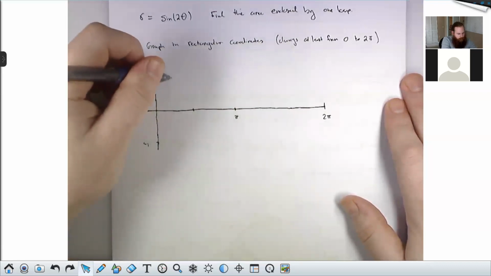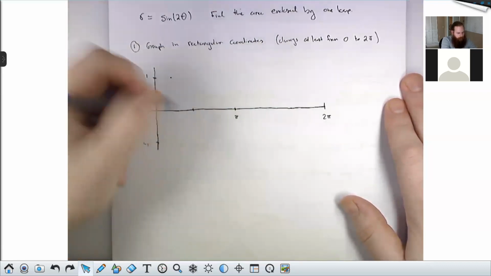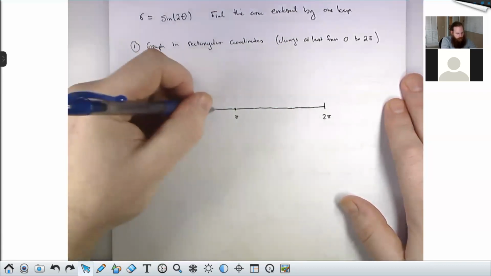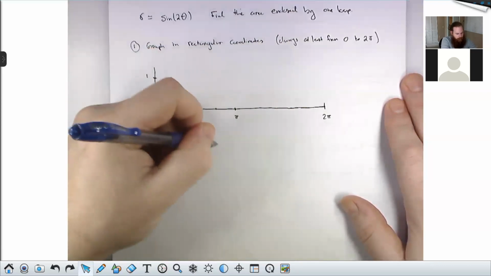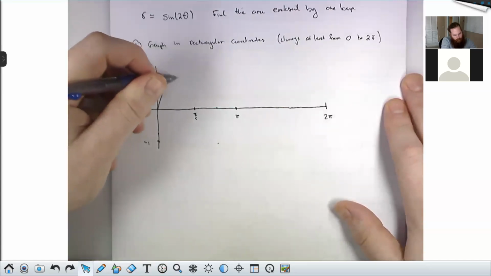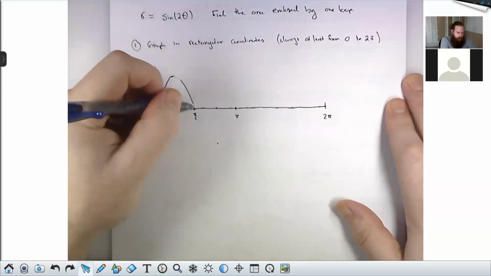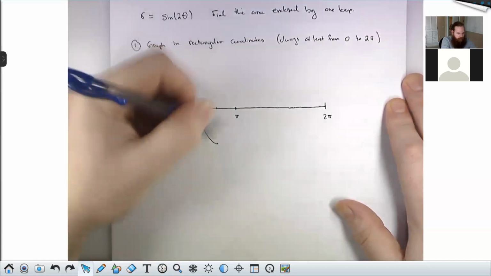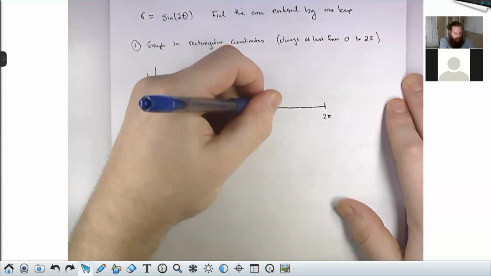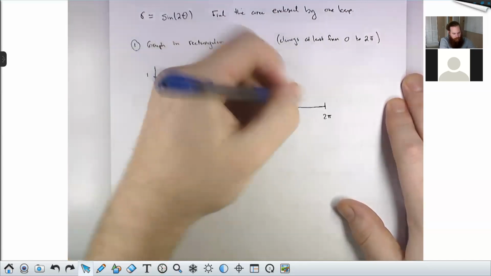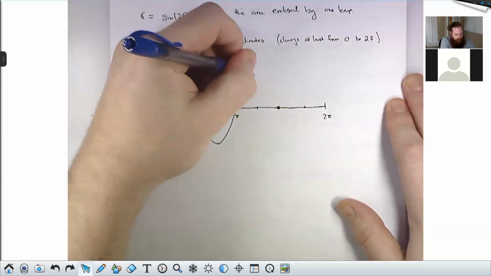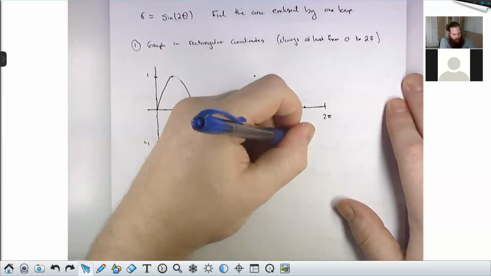So here at pi over 4, because this is pi over 2, and here at 3 pi over 4, we'll be at our min. So my graph in rectangular coordinates looks something like this from 0 to pi. And then it does that same thing again from pi to 2 pi. So I'll be going through here, I'll be up at my max here, I'll be down at my min here.